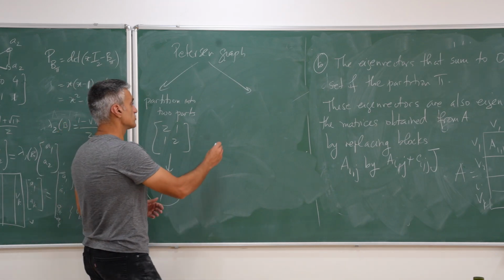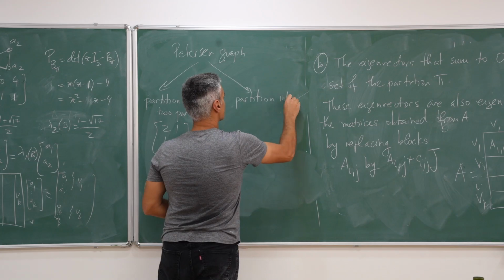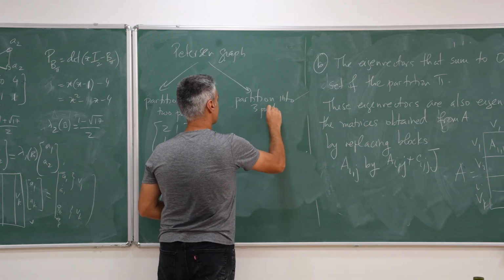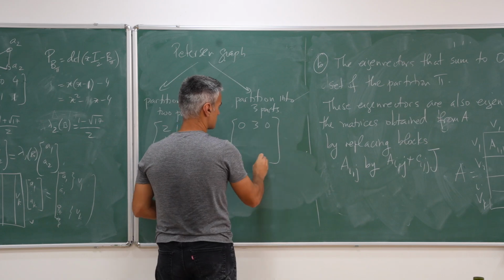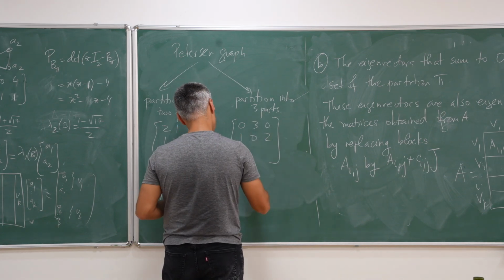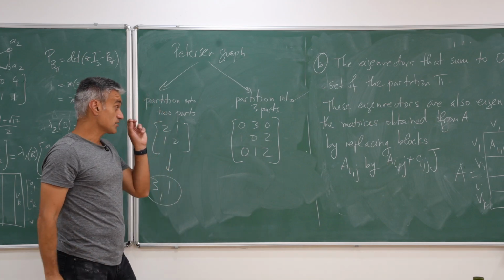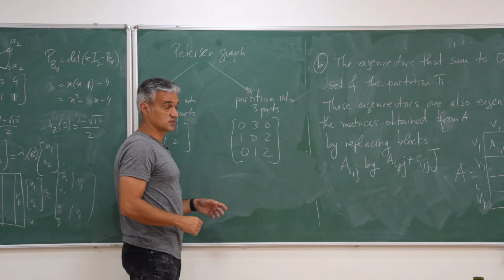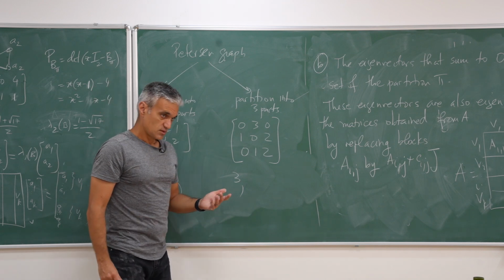Okay? If you do the partition into 3 parts, we had this matrix 0, 3, 0, 1, 0, 2. The same as before, because the row sum is 3, you get 3, and you need to find 2 more.